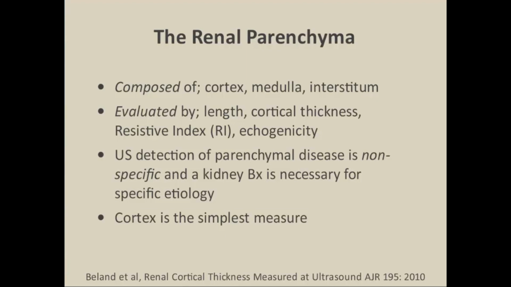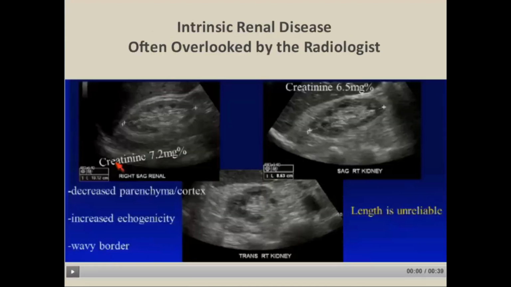The problem is ultrasound detection of parenchymal disease is very nonspecific. So if you do find that there is a tissue loss in chronic renal disease, the actual etiology is not apparent to you. And it is not going to be apparent without doing a kidney biopsy. And a kidney biopsy is the way to actually establish the etiology. But ultimately, cortical measurement is the simplest measure of the status of the kidney.